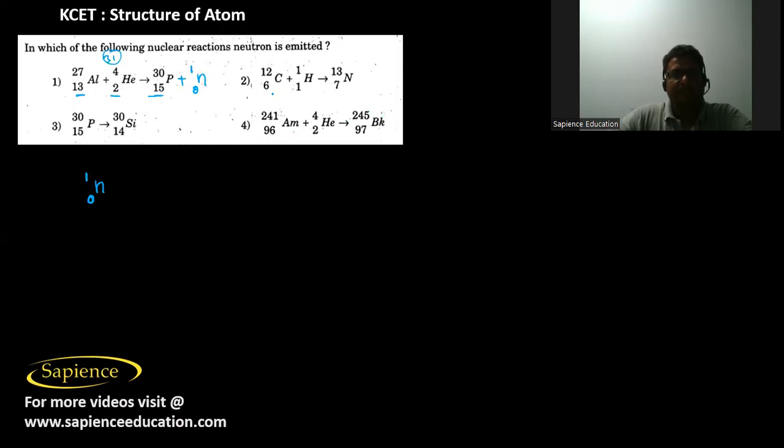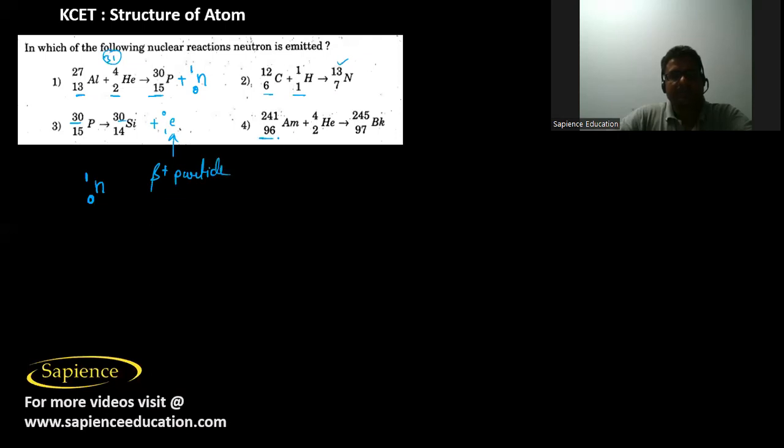And here also we can see that 6 plus 1 is 7, 12 plus 1 is 13 also. So here the reaction is balanced. Here the reaction is not balanced, but the number of nucleons is the same. So here one positron should be emitted, which is also called a beta plus particle.